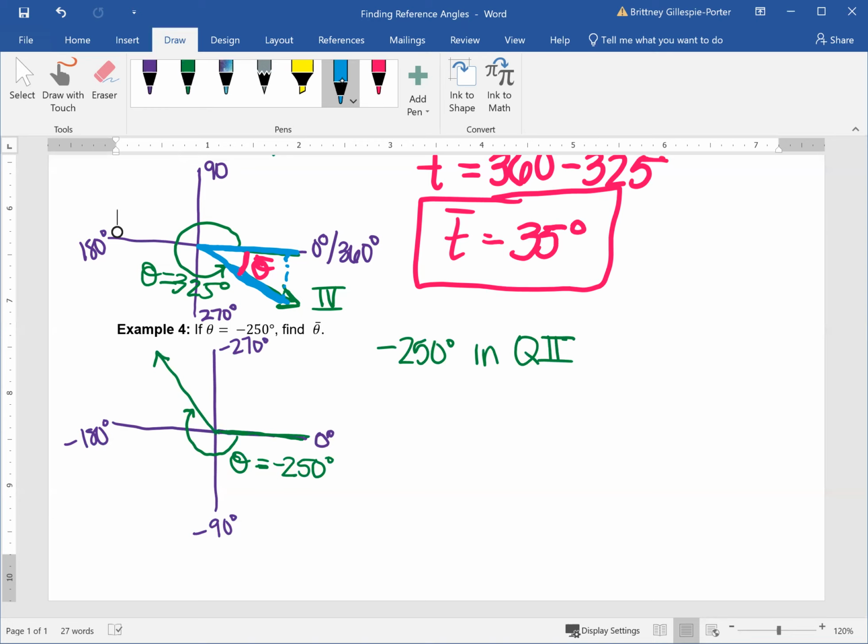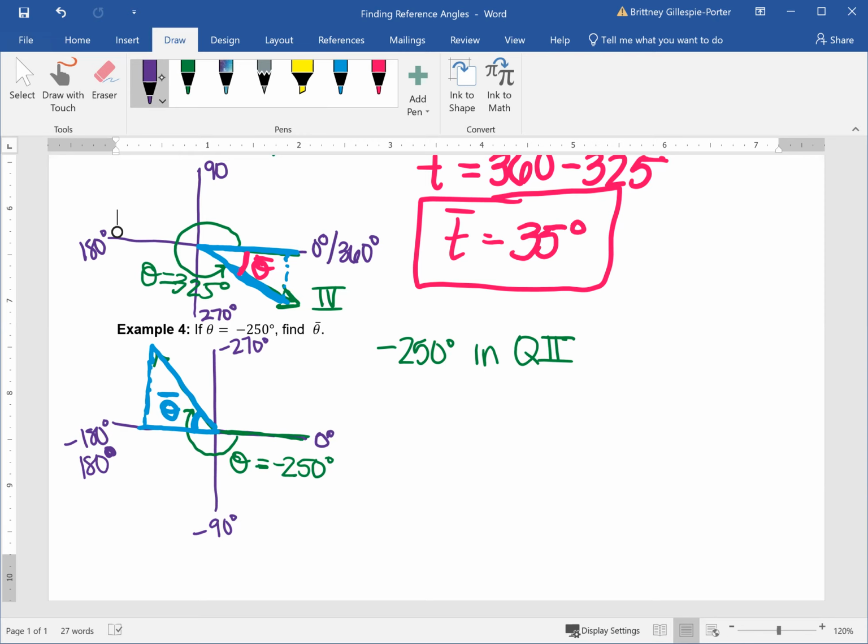And our reference angle, what would we need to have to create our triangle to do our trig functions? So this little angle in between our ray from theta and our negative 180 is going to be right here. Remember that 180 on our x-axis is the same thing as negative 180. So here, trying to find what this is, we have 250 and it goes over the 180.